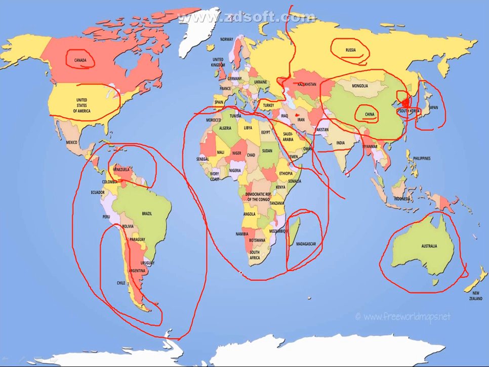If you look accurately at these two continents, you can see they are like two pieces of a puzzle which can match each other.